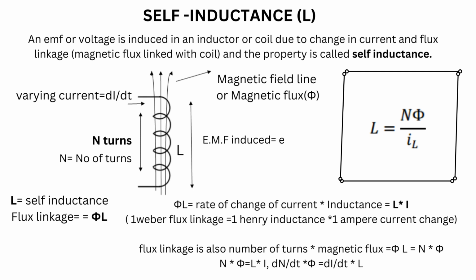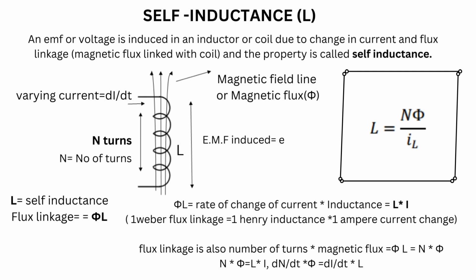Here we say that when a current passes through the coil, a flux linkage is produced, that is phi L. And flux linkage is the inductance multiplied by the current, that is L into I. Now flux linkage is also the number of turns into magnetic flux, that is phi L equal to N into phi. So we can write N into phi is equal to L into I. From that, finally we derive the formula: self-inductance L equal to N phi by I.